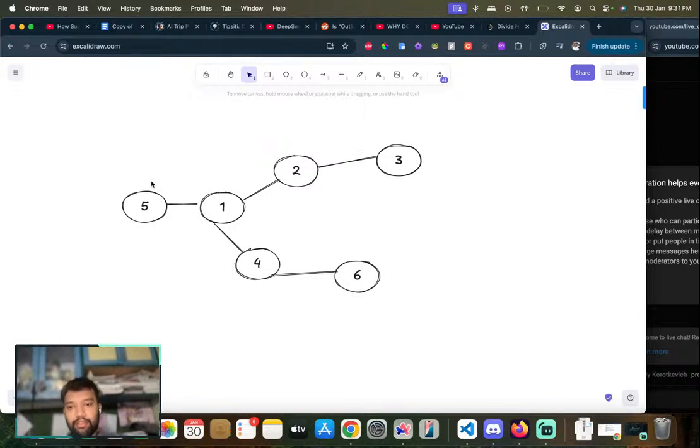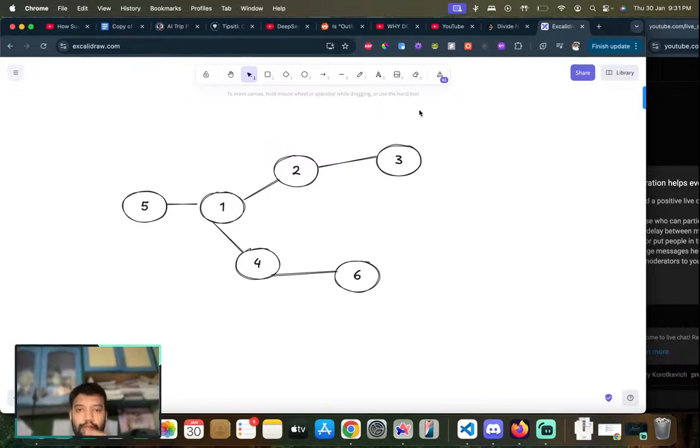One, two, three does not work. One, two, three, four does work, but we have only four elements.